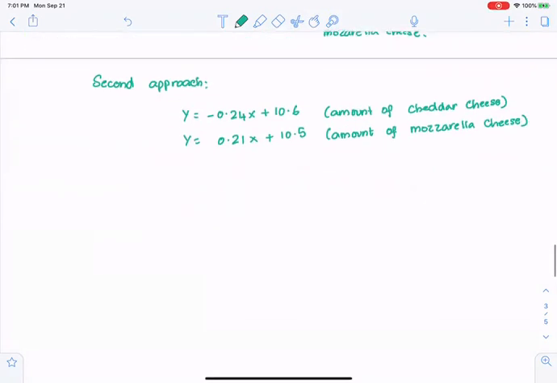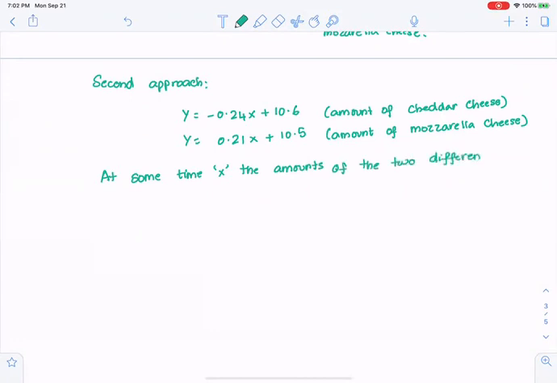So since we know at some time x, the amount of the two different types of cheeses were the same.